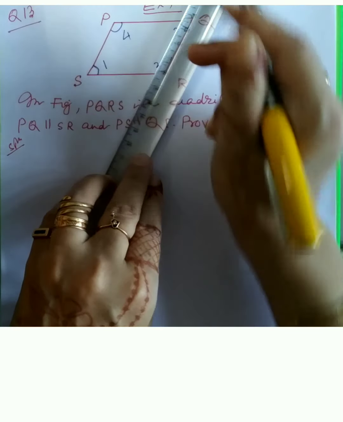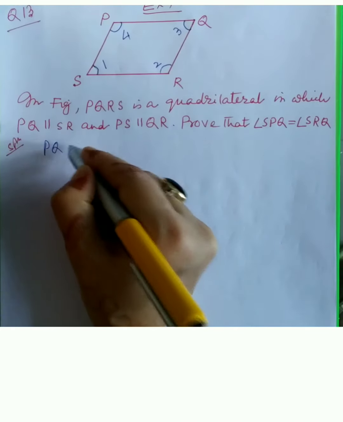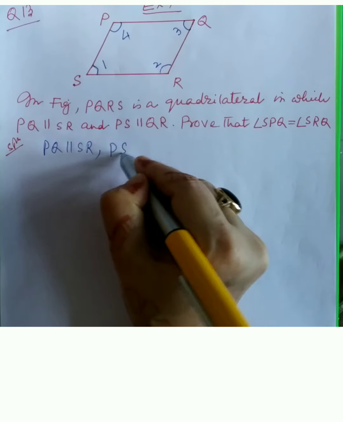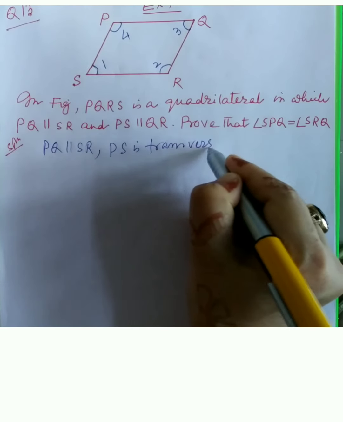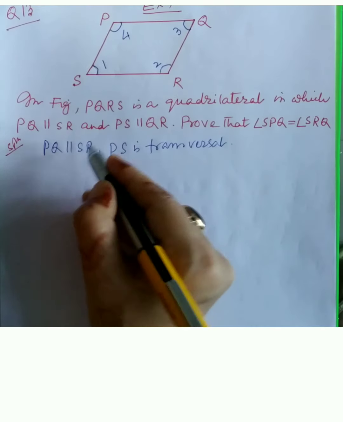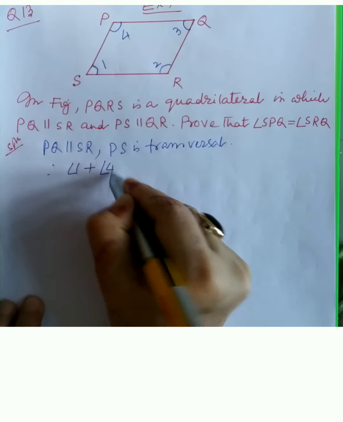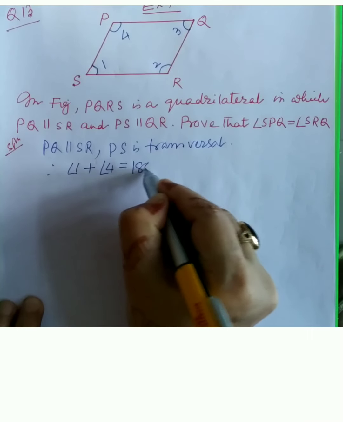Yes, 180 degree. Therefore, I'm writing here, PQ is parallel to SR and PS is a transversal. Therefore, angle 1 plus angle 4, we just concentrate on this part, is equal to how much? 180 degree.